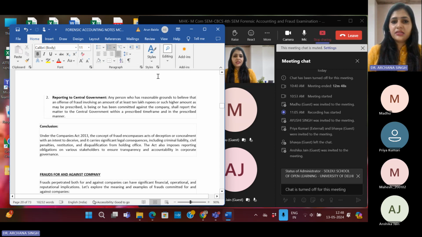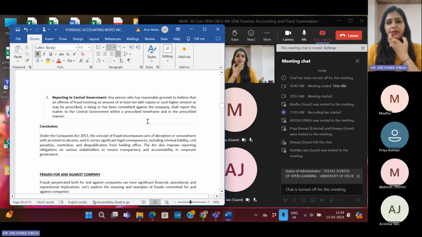Okay, if a person believes on reasonable grounds that a fraudulent activity of 10 lakh or more is occurring or has occurred, they have to report it to the central government in the prescribed time frame and manner.